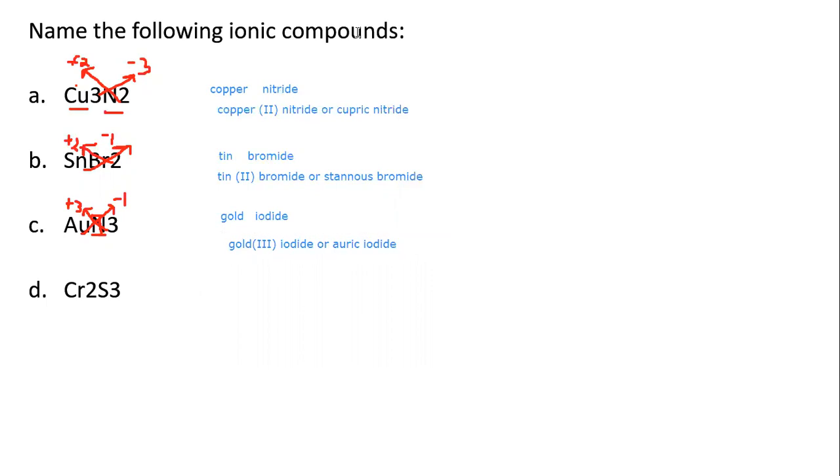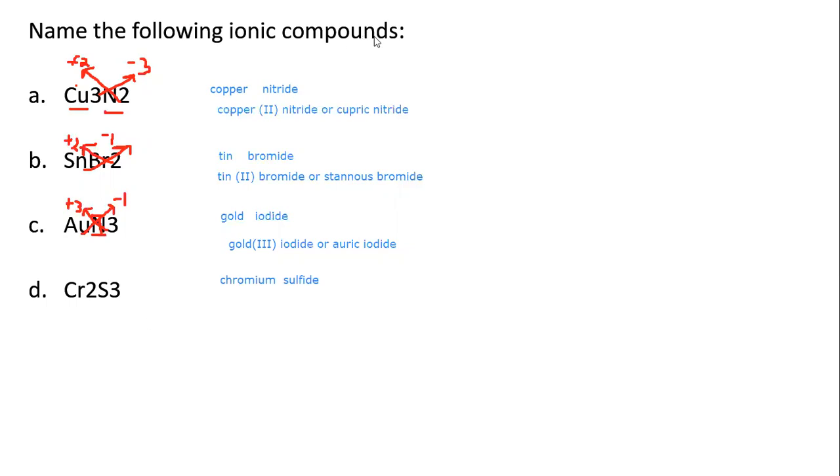Lastly, we get to chromium. So we have Cr2S3. Cr is chromium. S is the anion of sulfur. So it'll be sulfide. Now chromium is one of those metals that has multiple ionic charges. So we need to identify what's the charge of chromium.